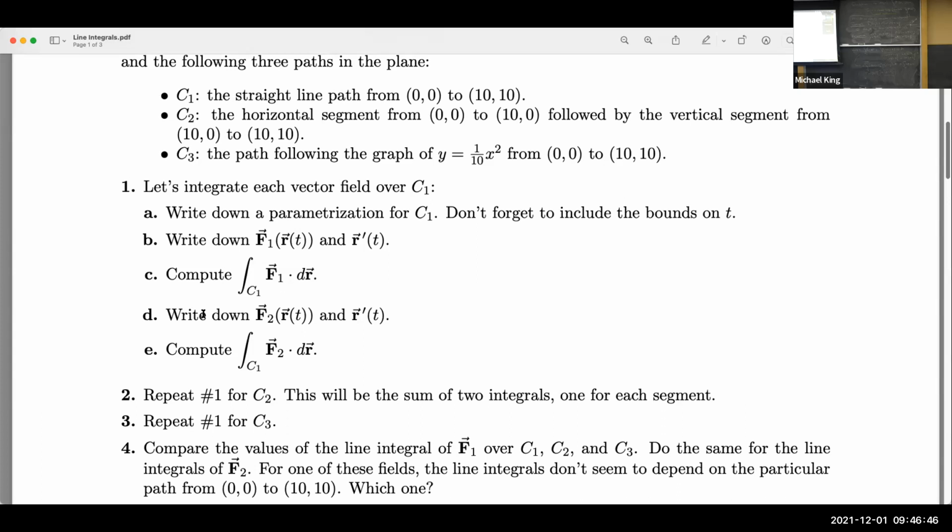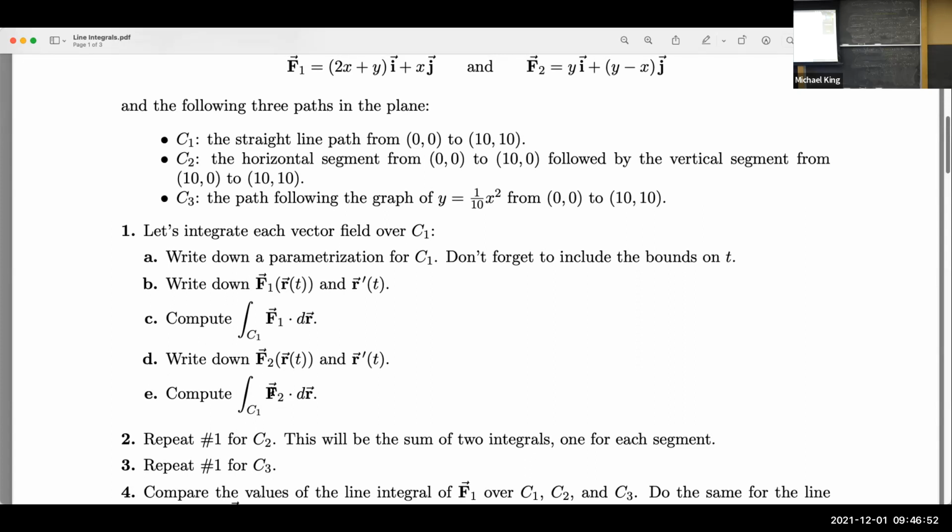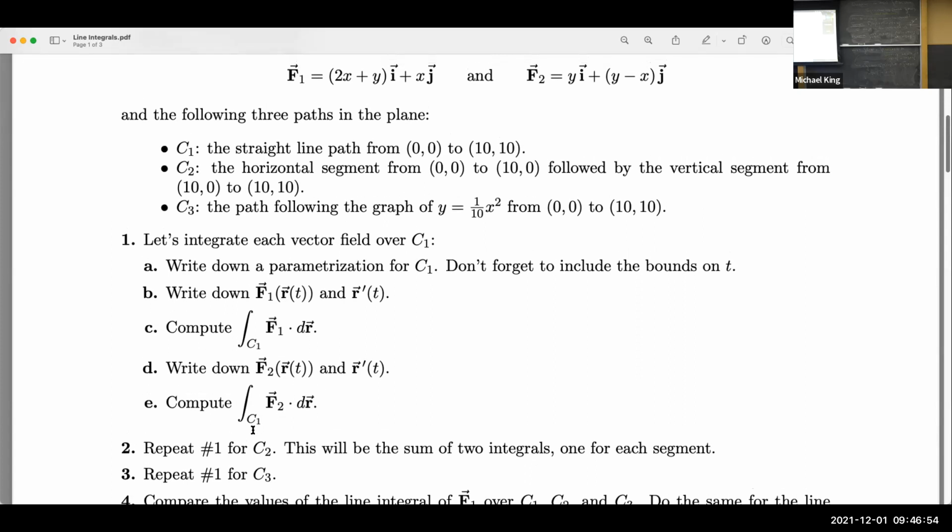We did 1 through A through C. I'll just focus on F1 today, and then maybe Friday in class you can do F2. So do F1 along each of the three different paths. We did the first path. Try to write the parameterizations down first.